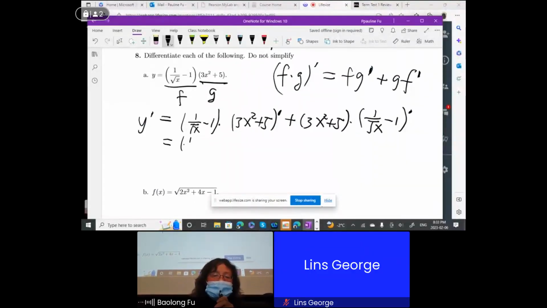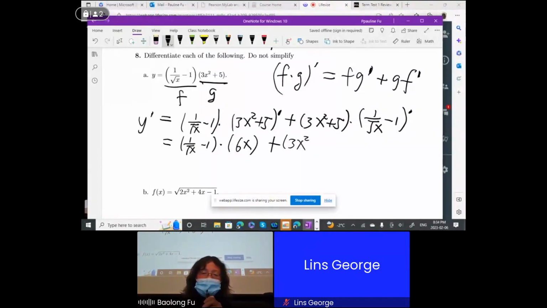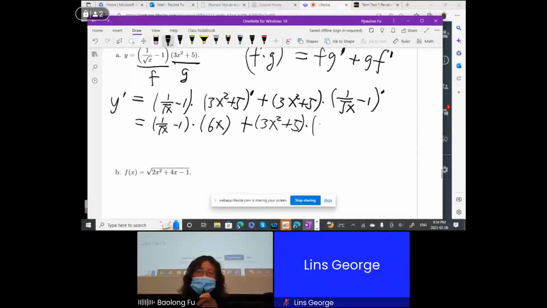And then copy down this one. The derivative of 3x squared is 6x. The derivative of 5 is 0, a constant's derivative is 0. And then the derivative of, I need to do this on the side.